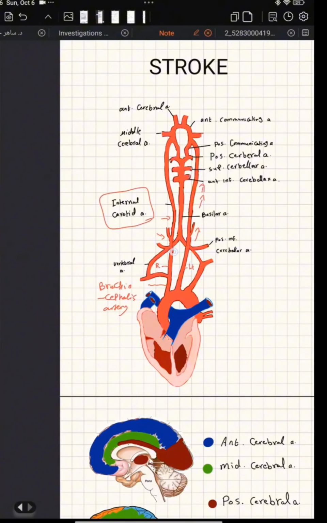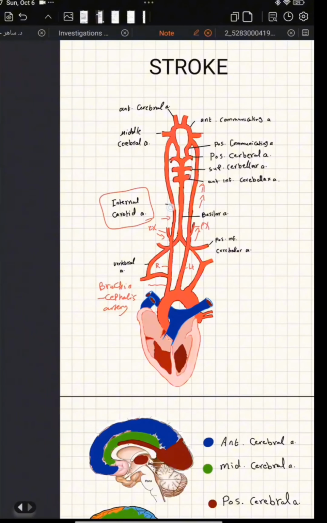Both right and left common carotid arteries ascend, and here the right common carotid artery will give two branches: the external carotid artery and the internal carotid artery, which is most important because this goes directly to the brain, while the external goes to the face and muscles of expression. Also, the left common carotid artery will give two branches: the external carotid artery and the internal carotid artery, which is the most important.